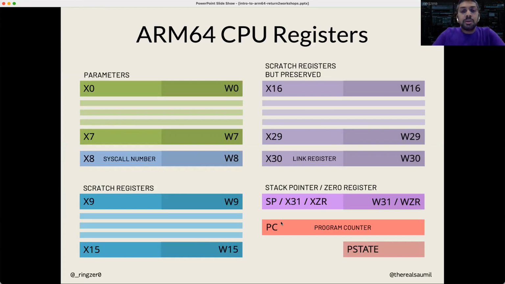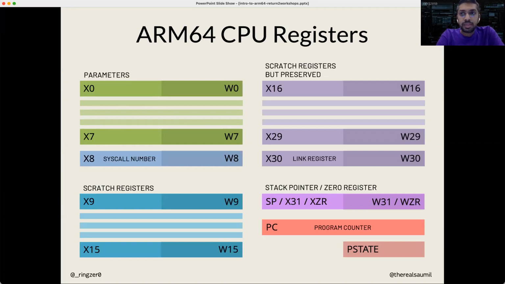Now I want to talk about what these W0 through W31s are. The X registers are D words, double words, 64 bits. The W registers are subsets of these main registers. That is like a word subset.